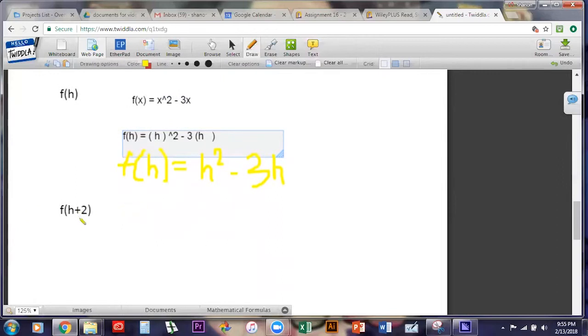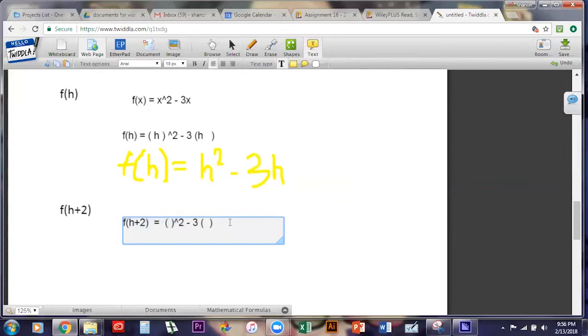Now let's take that one step further and do f of h plus 2 and see how much that complicates things. So here I have my function, x squared minus 3x, with my x's taken out, and I'm putting my h plus 2 inside of those parentheses.